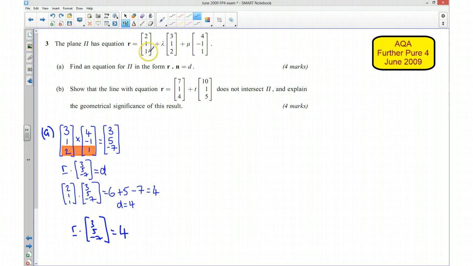I could quite easily see lay on the plane, but I could have chosen any point that lay on the plane.